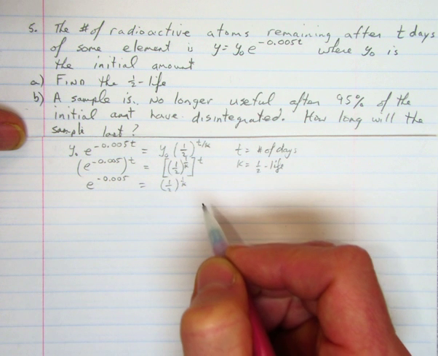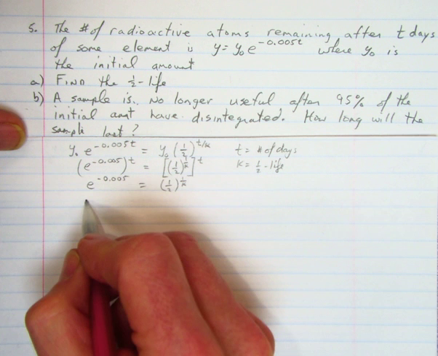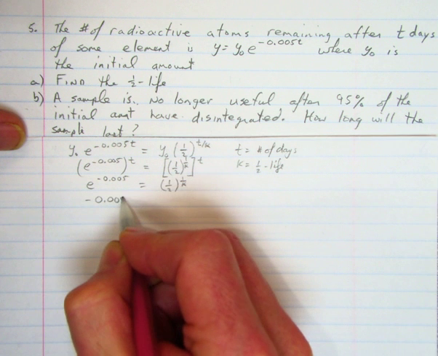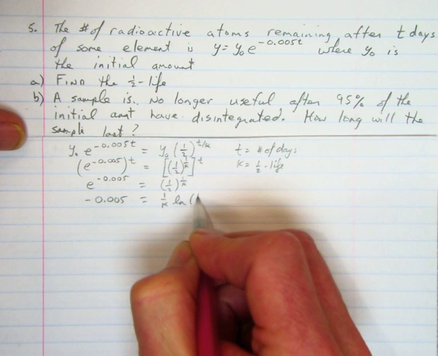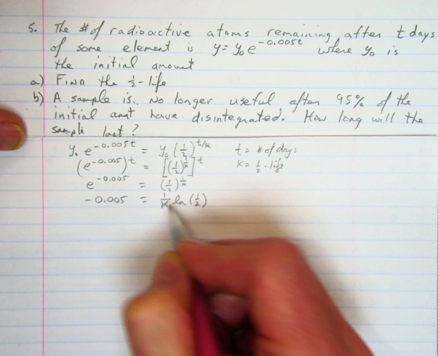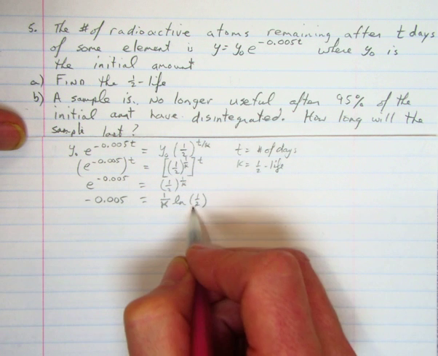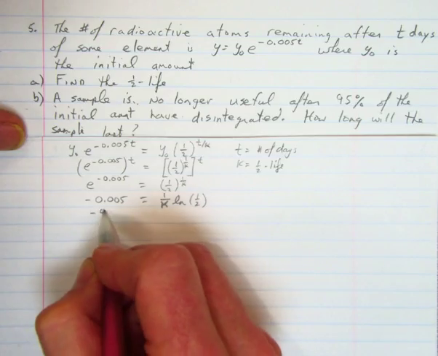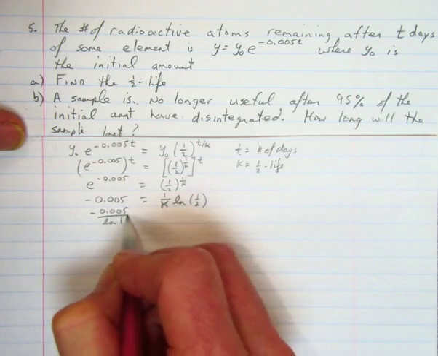Now we're trying to solve for k, so let's take the log of both sides. We'll get negative 0.005 equals 1 over k ln of 1/2. We need to move the ln to the other side, so we'll have 0.005 again over ln of 1/2.